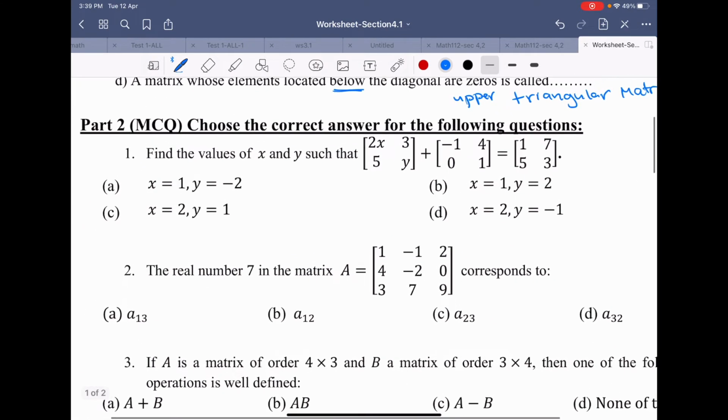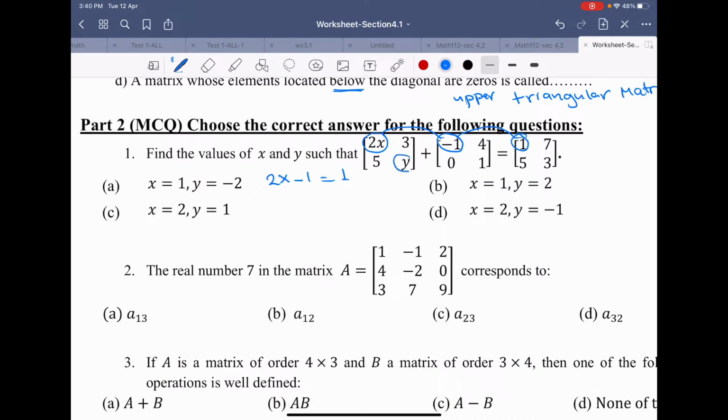Okay, question number 2, choose the correct answer for the following question. Find the value of x and y such that this matrix plus the other matrix equals [1, 7; 5, 2]. In this case, we're going to add each element with the element that matches it. So here 2x minus 1 would equal 1.